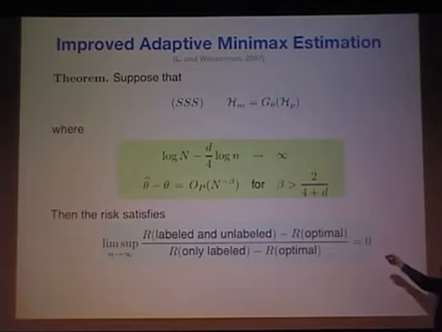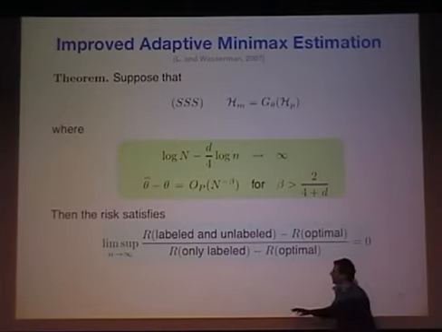Suppose I can estimate this parameter at a rate n to the minus beta, where beta is bigger than the exponent for the Sobolev minimax rate. So you can see where this comes in. If these conditions hold, then the unlabeled data can help.